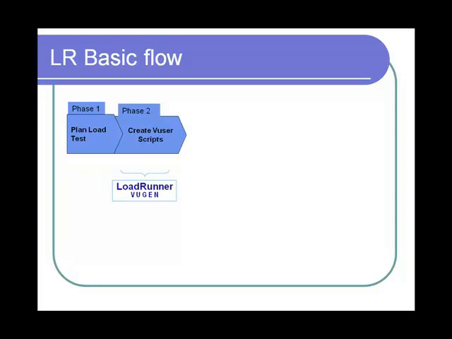After phase 2, you proceed ahead and create different scenarios. The different scenarios would be the order and the manner in which the virtual users would be accessing the system, whether the load on the web server increases by 100 virtual users every 2 minutes, or it's a ramp down, where the load on the web server decreases by 100 users every 2 minutes.